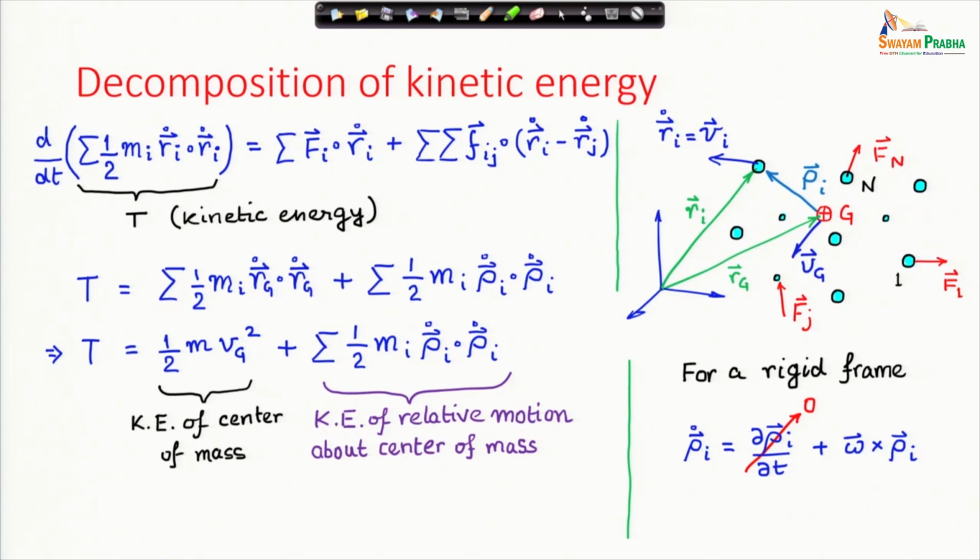Therefore, del rho_i by del t is 0, because now G, the center of mass, and the ith particle are both points of the same rigid frame. Therefore, rho_i dot is only omega cross rho_i. We are going to use this expression a little later.